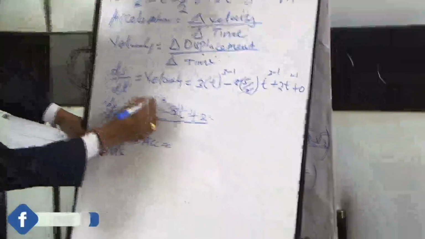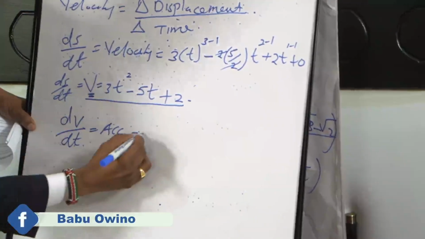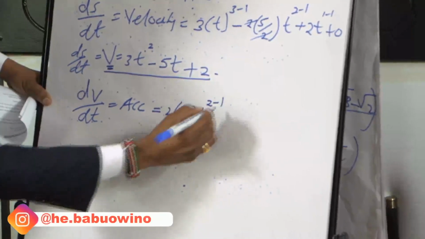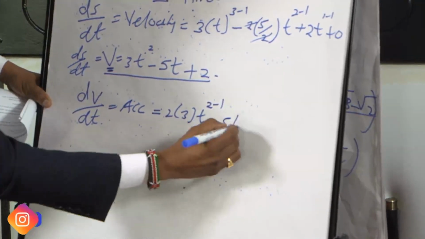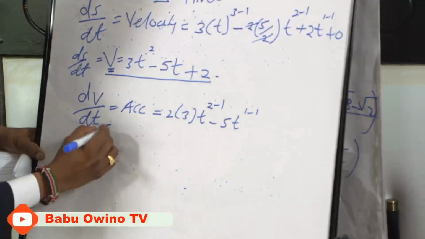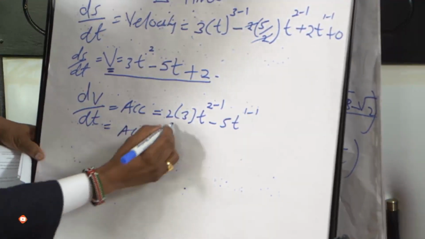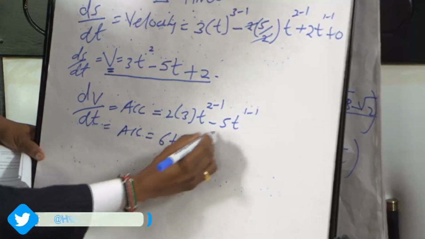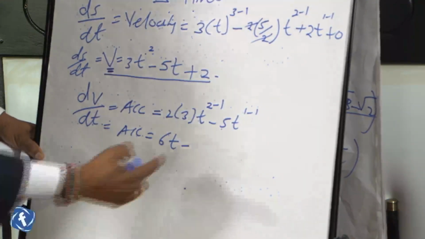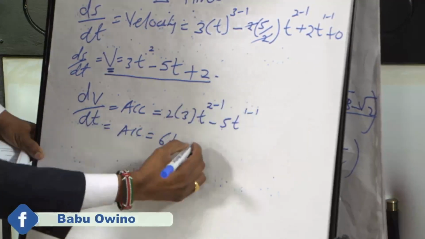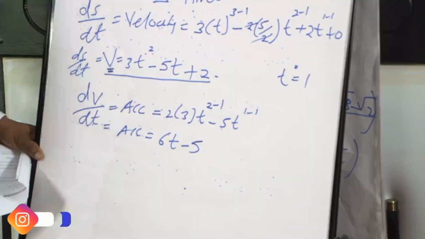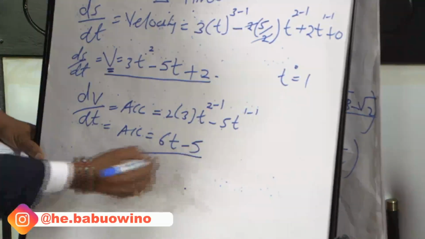You bring 2 down, multiply by 3, t to the power 2 minus 1, minus 5 into t to the power 1 minus 1, which is 0. So our acceleration equals 6t minus 5, because t raised to power 0 is 1.